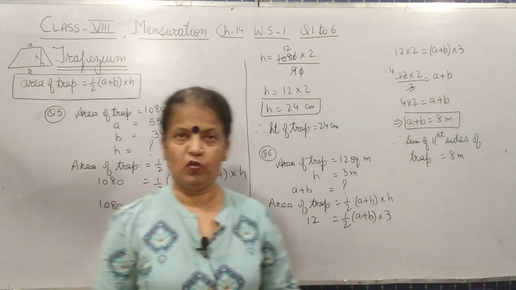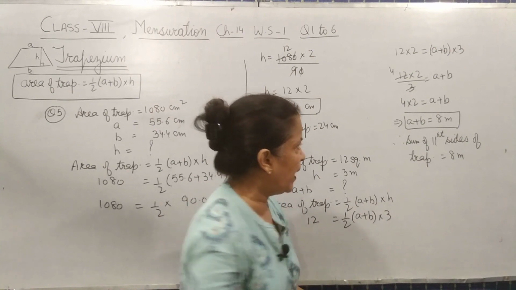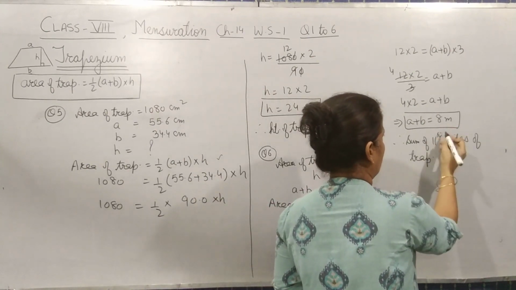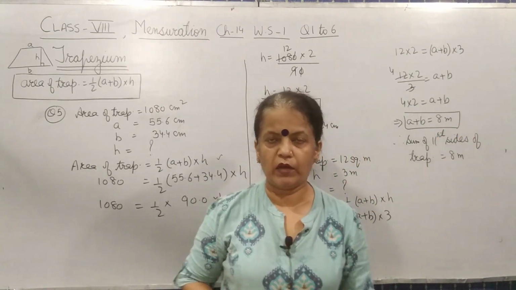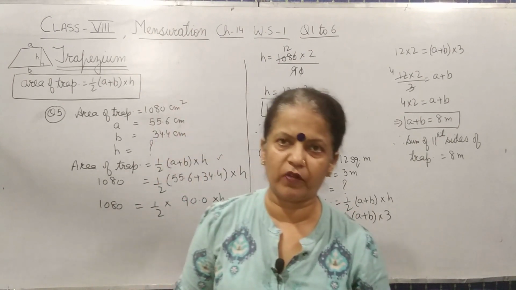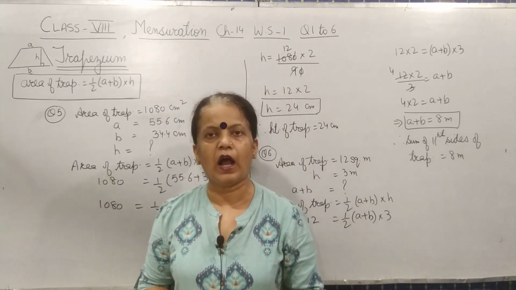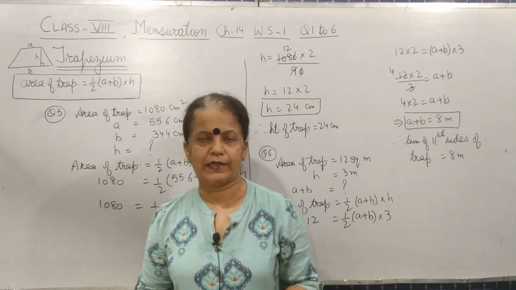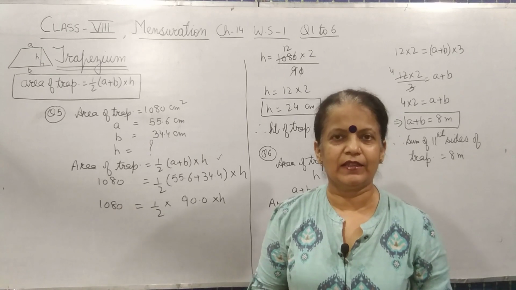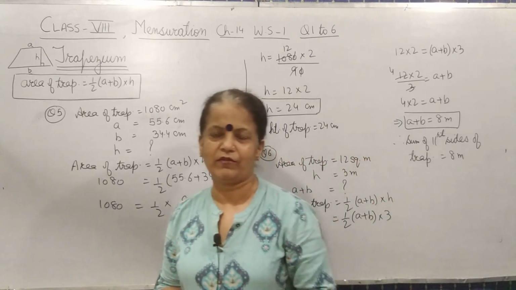I think you have got the concept of parallel sides. You have got the concept of the area of a trapezium. So what is the formula here? Half into sum of the parallel sides into height. That's all for today. Thank you and have a nice day.